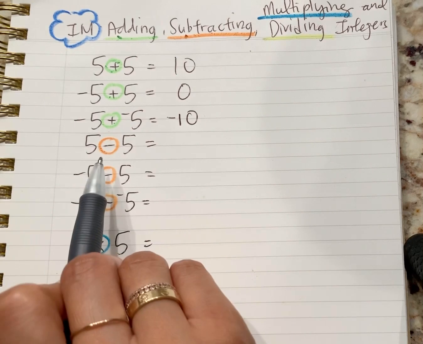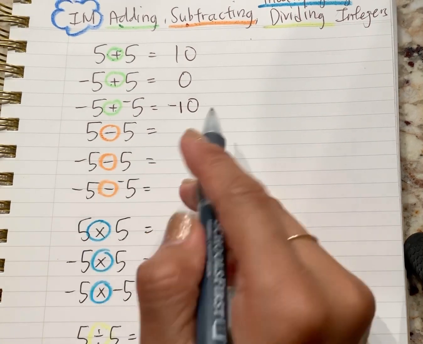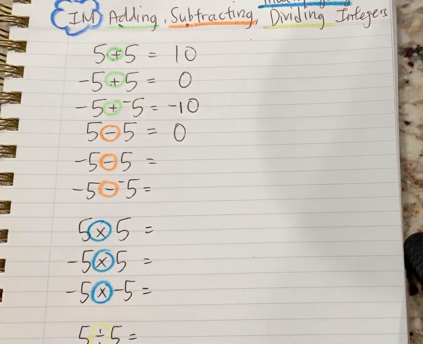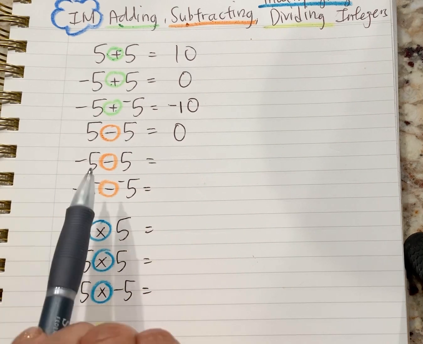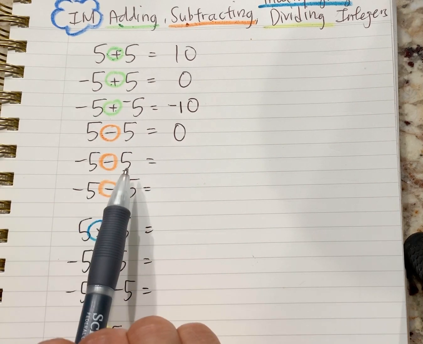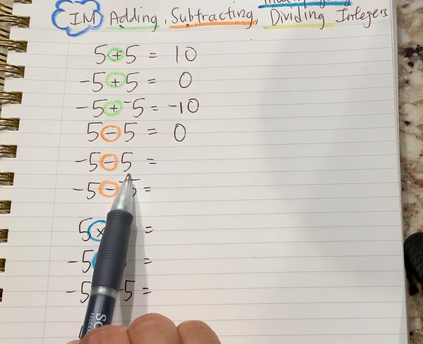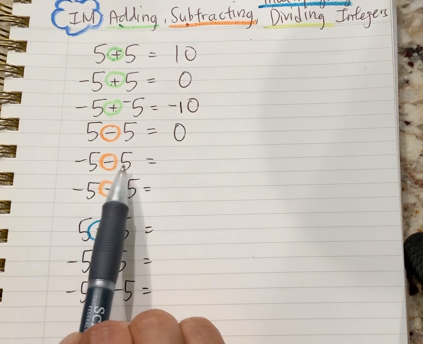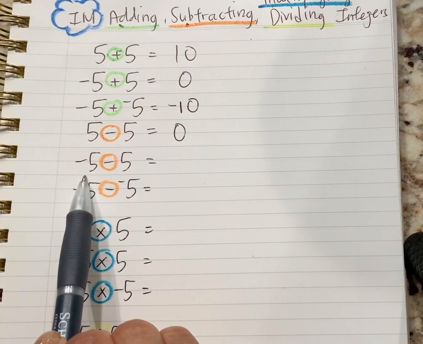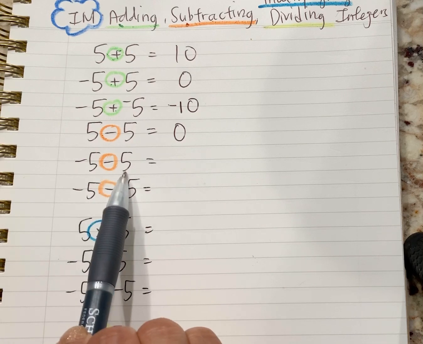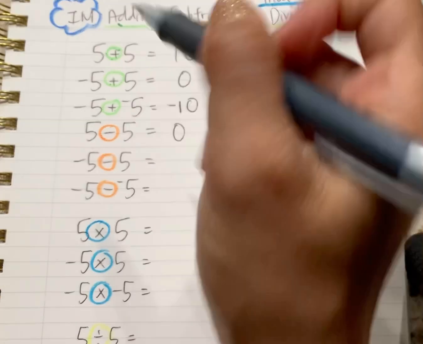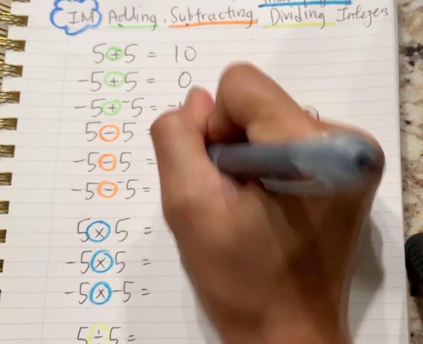We're moving on to subtraction. 5 minus 5, easy peasy, we have 0. Now negative 5 minus 5: you're in debt, but you lose $5 more. That means you're at negative 10.